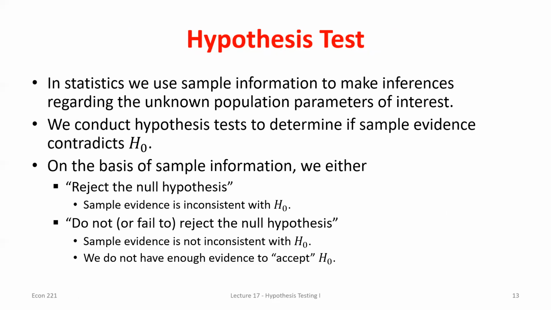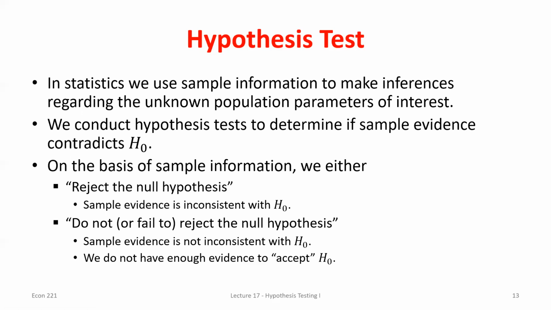But maybe if I take a sample and I saw 52,000 as my sample mean, well, it's inconsistent with my null, but it's not that inconsistent, right? It could be that the true mean still is 50,000, even though I saw 52,000 from my sample mean. So it might not be inconsistent enough, right? Well, is 53,000 inconsistent enough?